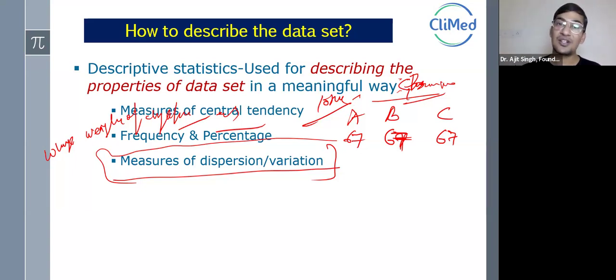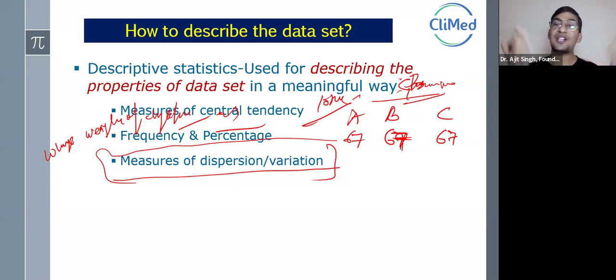Maybe all 300 students, 100 in A, 100 in B, 100 in C, are totally different in weight. Even a difference of 100 gram counts, but all 300 are different in weight. But the average of all 3 sections is the same, similar, 67 kg.